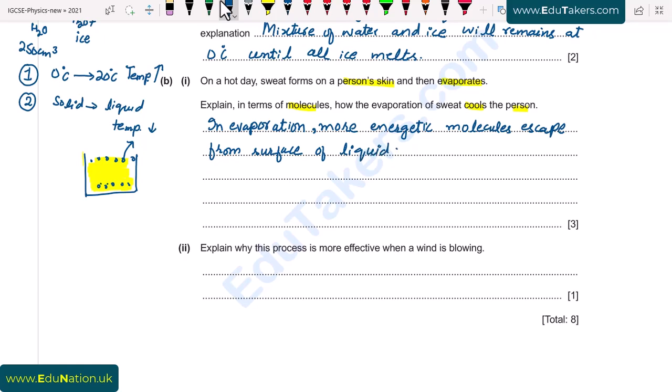Second is that low energy molecules remain in the liquid because they don't have enough energy to cause evaporation.